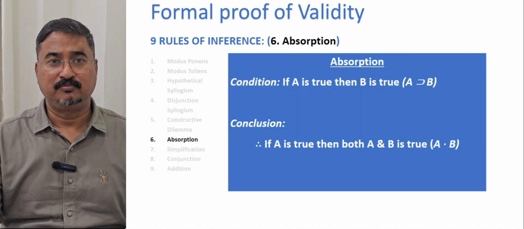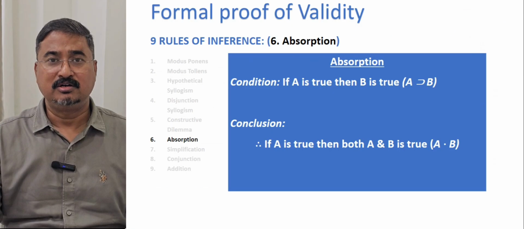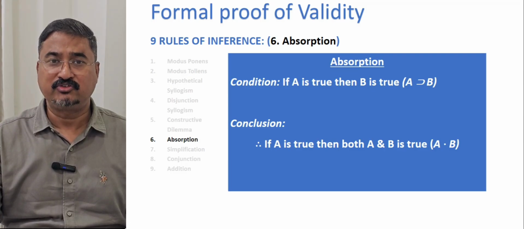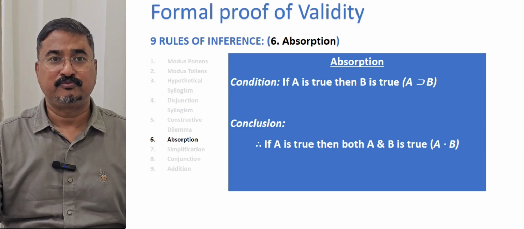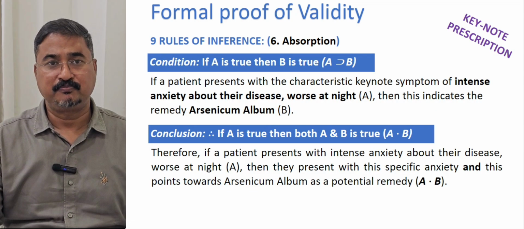Now, the sixth rule. The sixth rule is absorption. Here, the condition is: if A is true, then B is true. And the conclusion is: if A is true, then both A and B are true. Let us take an example of a keynote prescription.